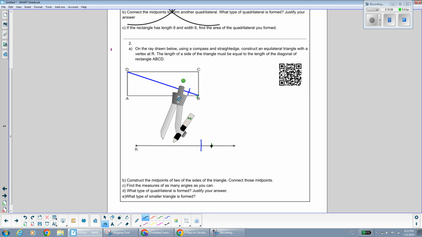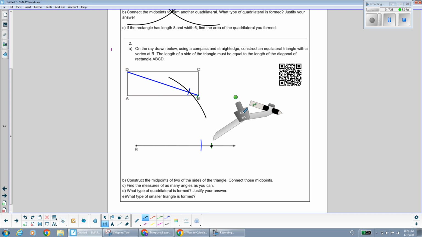I'm just going to use the same distance from R to this point, the length of the diagonal, to make the two other sides. Unfortunately, my compass only extends so far. Oh, I think it got there now. With my compass point still on point R, I'm going to extend my compass upwards and swing an arc.